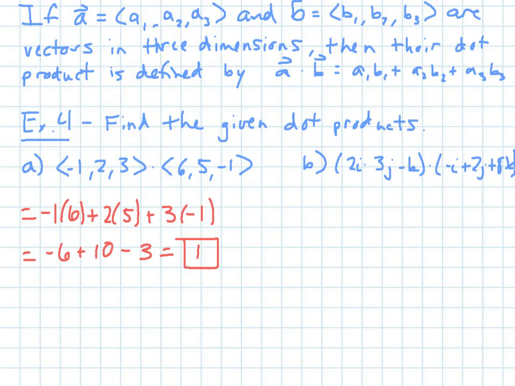Same thing works in ijk form. Remember, the ijk's get dropped; you're not worried about them. So 2 times negative 1, plus 3 times 2, plus negative 1 times 8. 2 times negative 1 gives me negative 2, and then I get a 6, and then a negative 8.